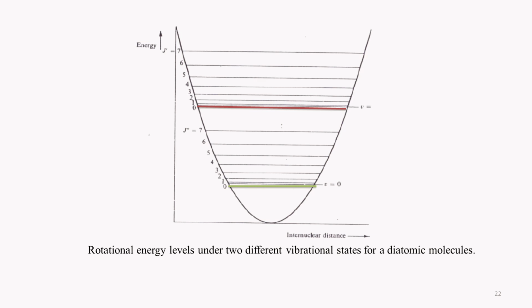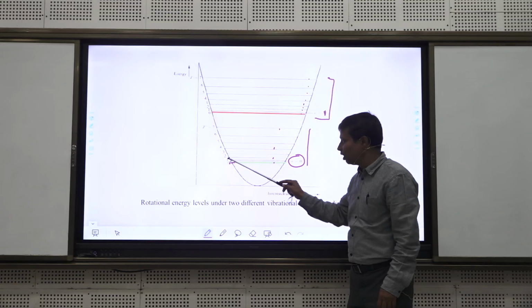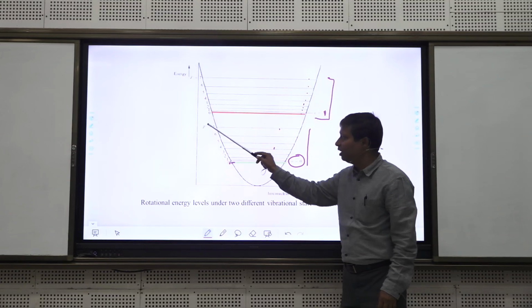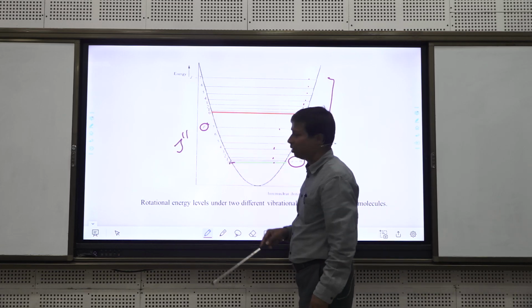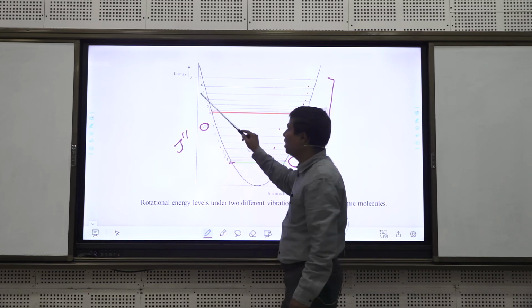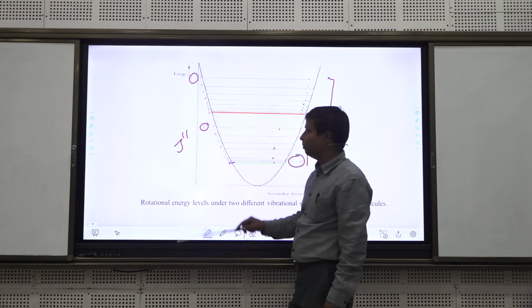In V equals 0, you also have several rotational energy levels. This rotational quantum number indicates the rotational energy level 1, 2, 3, 4, 5, 6, 7. Conventionally, the lower one is given a double prime and the upper one a single prime.